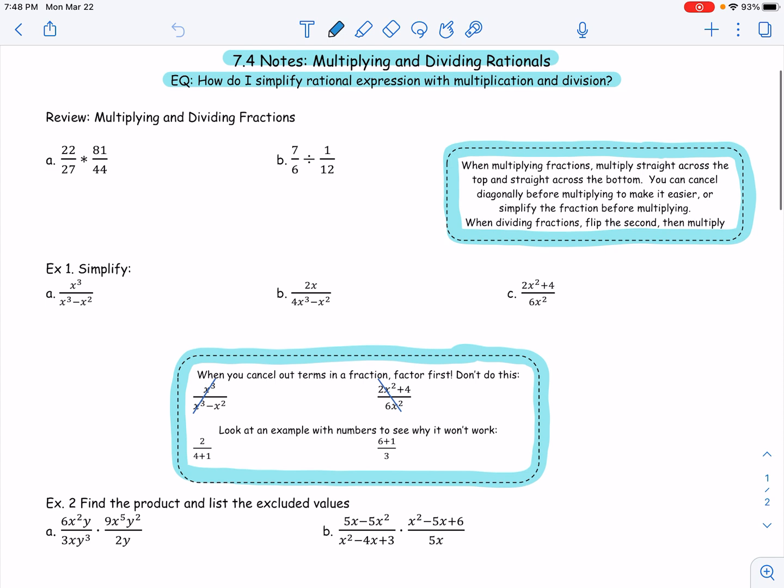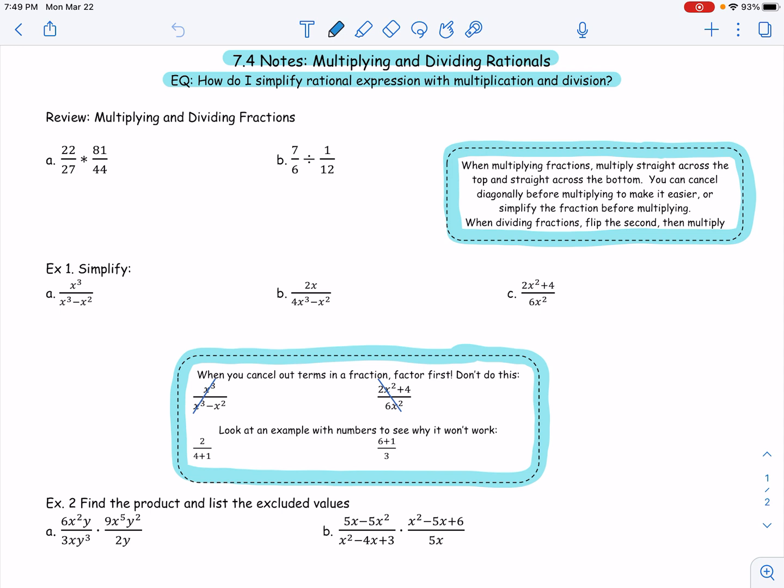So what I want to do first is just review basic multiplication and dividing skills for numerical fractions before we start using polynomials. Hopefully, as you know, when multiplying fractions, we simply multiply top to top, bottom to bottom.